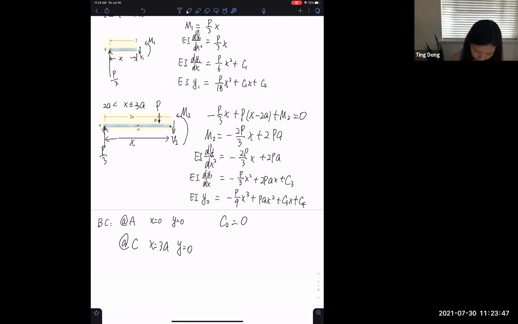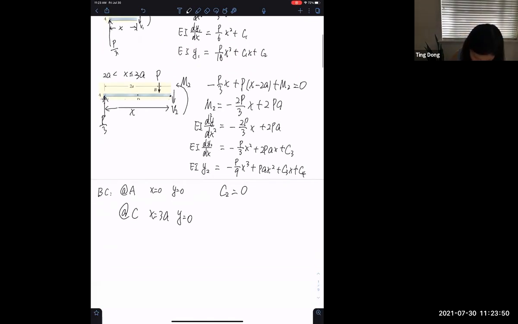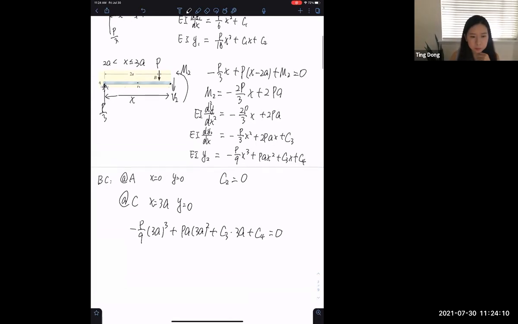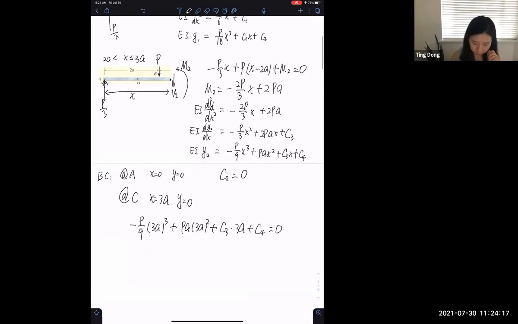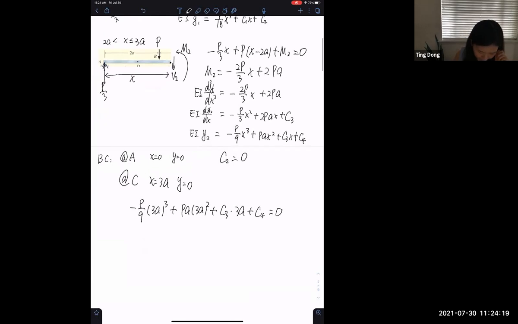So we can write this one as (3a) cubed, Pa, (3a) squared, C3, 3a C4 equal to 0. So this is the second boundary condition. We can simplify this equation later, but let's put it here to save some time.